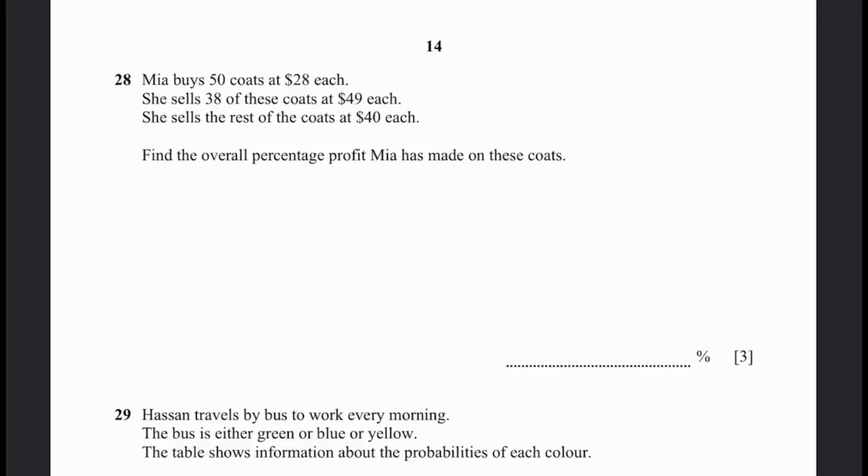Mia buys 50 coats at $28 each. She sells 38 of these coats at $49 each, and she sells the rest of the coats at $40 each. Find the overall percentage profit that Mia has made on these coats. First, let's find out the buying price or the cost price. It'll be equal to 50 multiplied by 28, which is equal to $1,400.